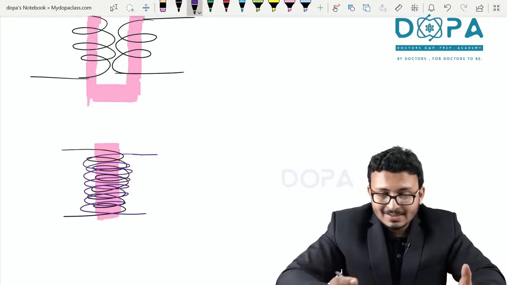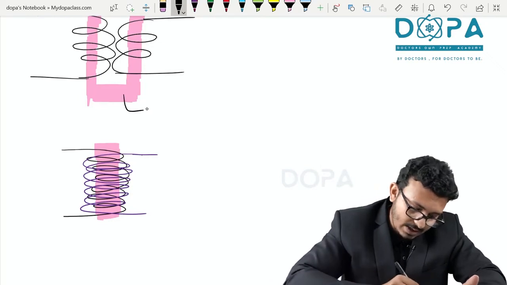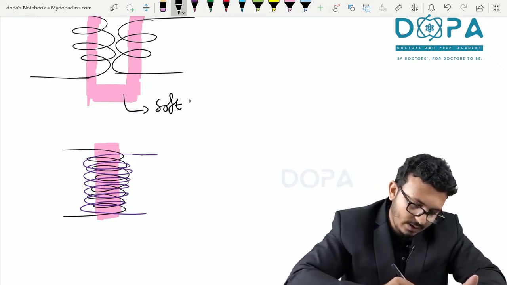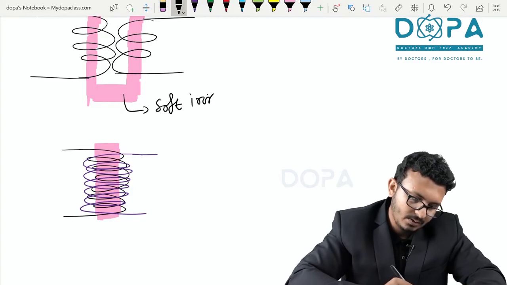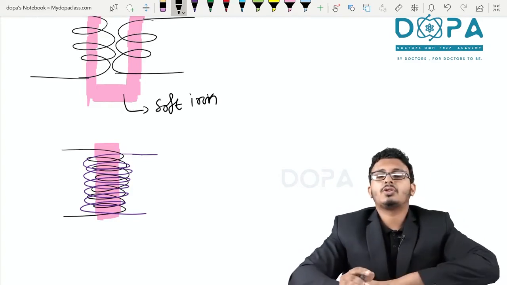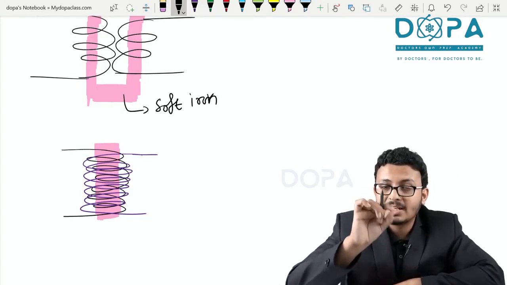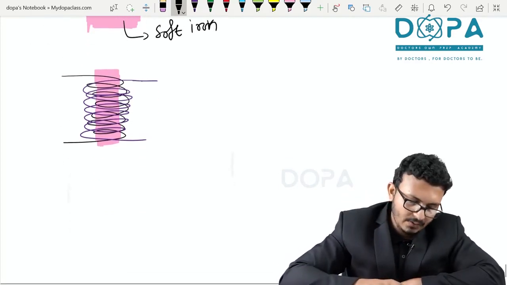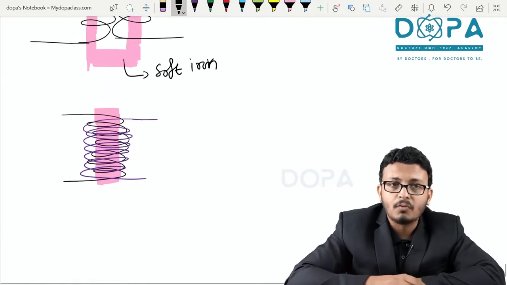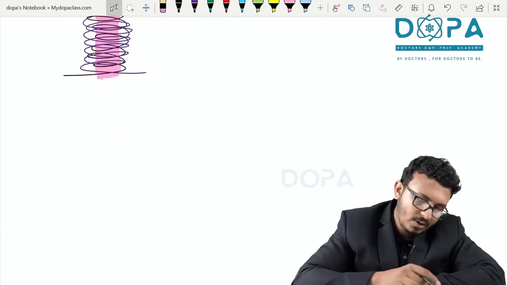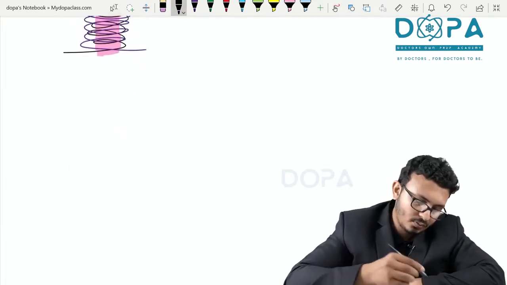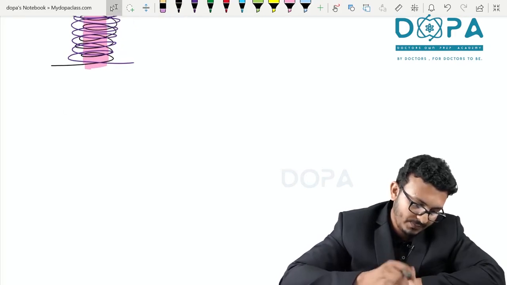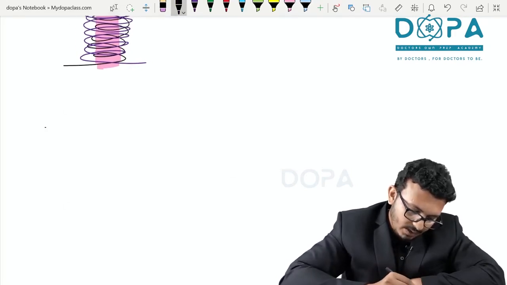Why do we need this soft iron core? All these are soft iron, to make sure that the magnetic flux generated in the first coil reaches the second coil. These are the two ways of winding, and right now we are just using the diagram to work the problems out.